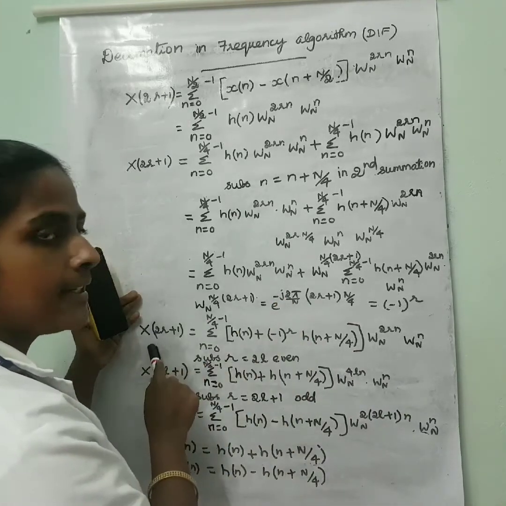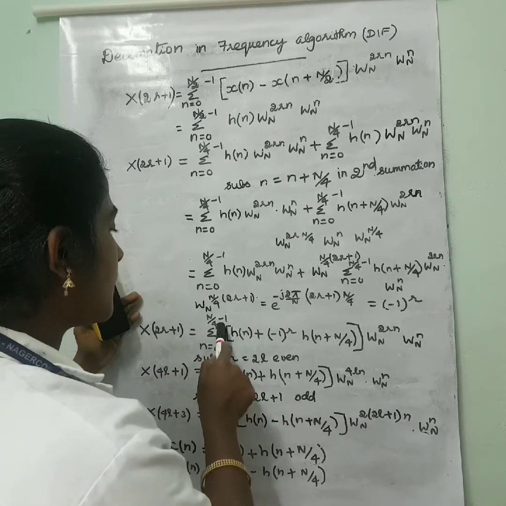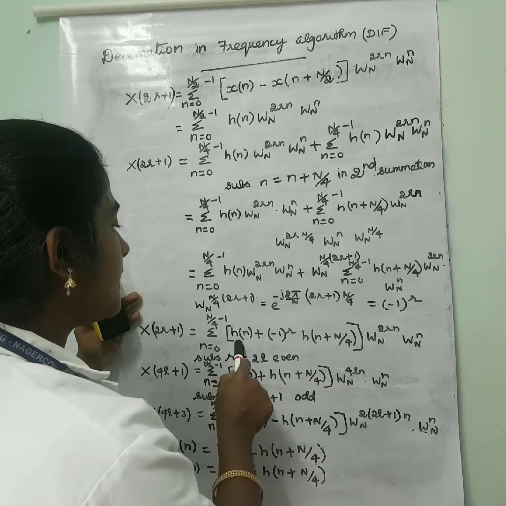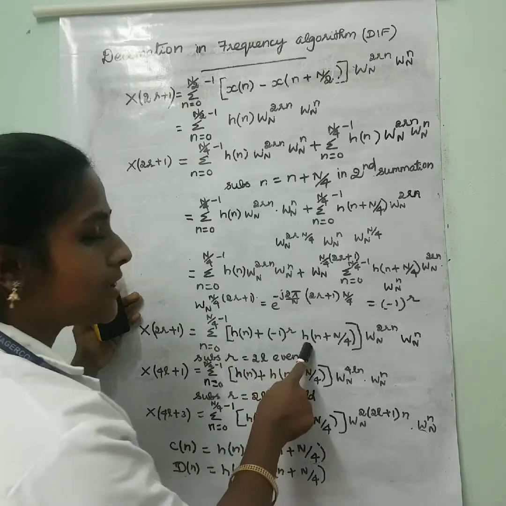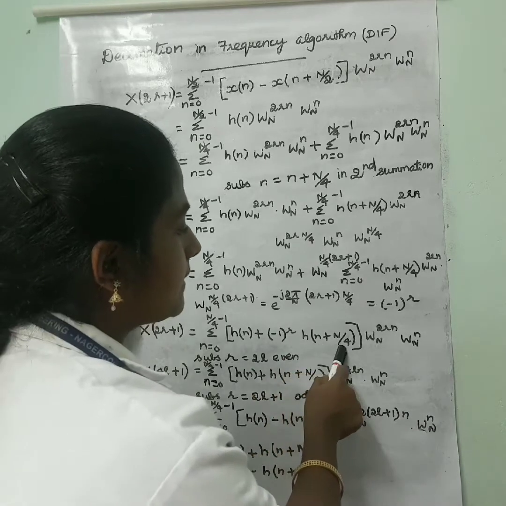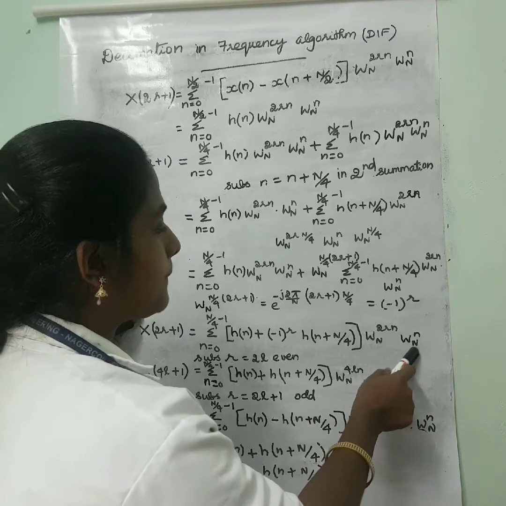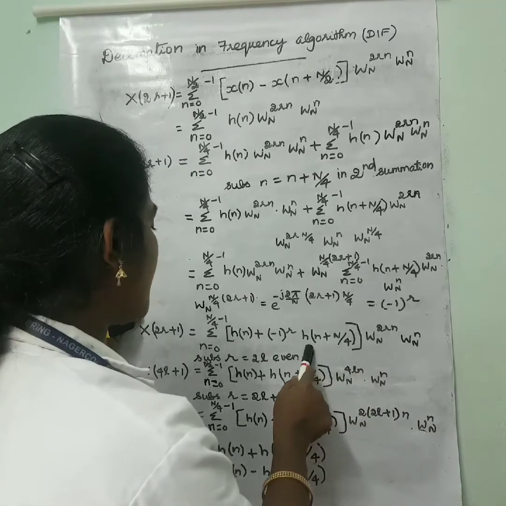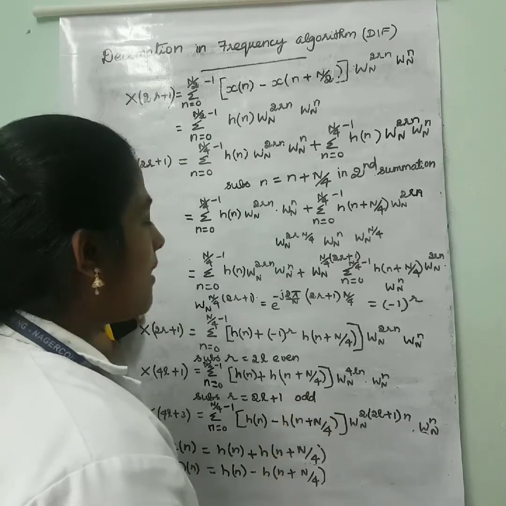So you will get X of 2r plus 1 is equal to summation n is equal to 0 to N by 4 minus 1 of h of n plus minus 1 power r into h of n plus N by 4, into W_N power 2rn into W_N power n. This is the general formula. In this formula we have to substitute the even part and odd part.